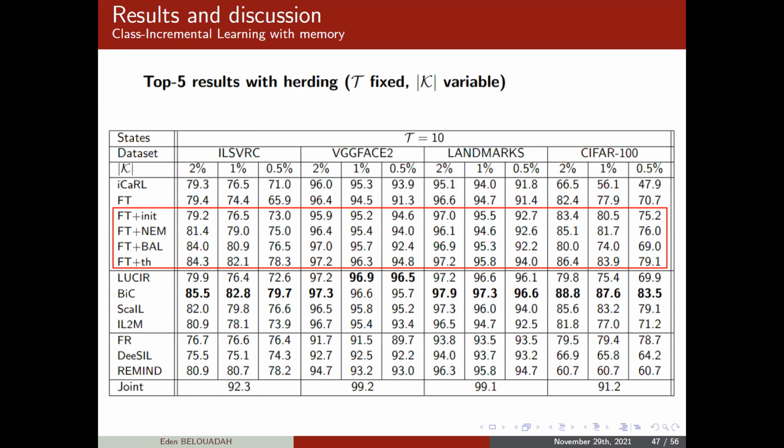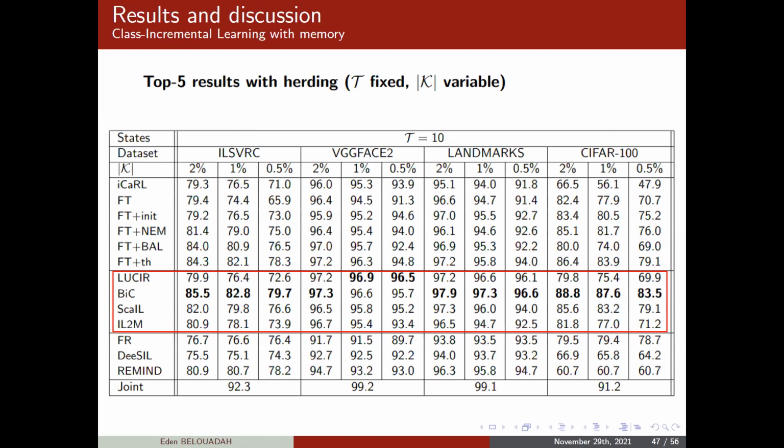And this helps us deduce that distillation is actually not needed when a memory of the past is available, especially at large scale. This can be explained by the fact that distillation leads to confusions between past classes the more classes we have in our dataset.